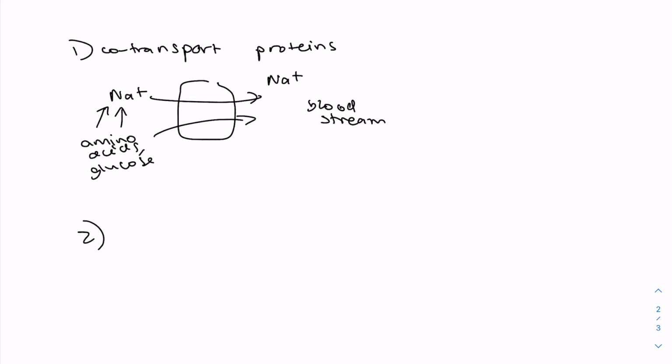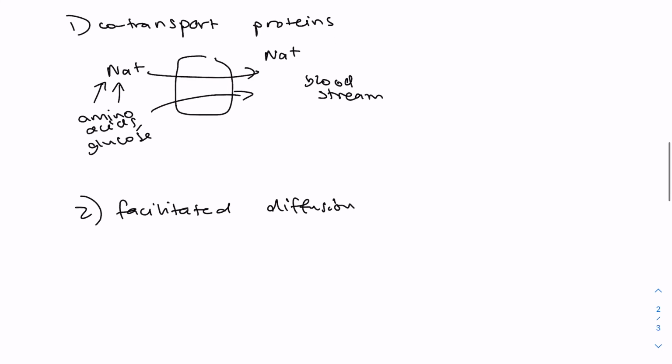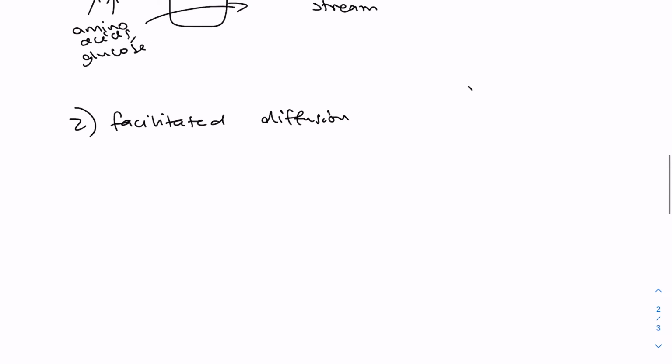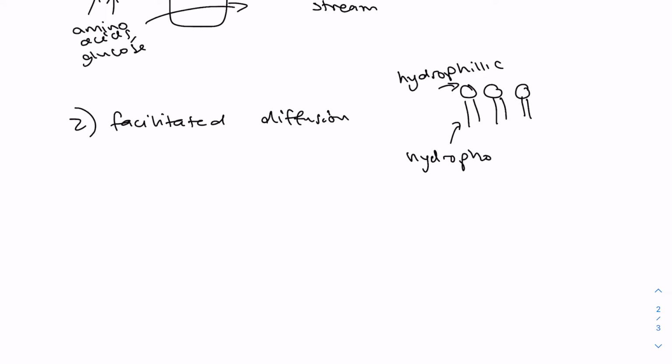Then secondly, we have facilitated diffusion. And this is when channel proteins help hydrophilic food molecules pass through the hydrophobic portion of the plasma membrane. Because if you remember, the plasma membrane structure has these hydrophilic heads, but then the tails are hydrophobic, which means that anything that's polar can't move past them because there's repulsion.